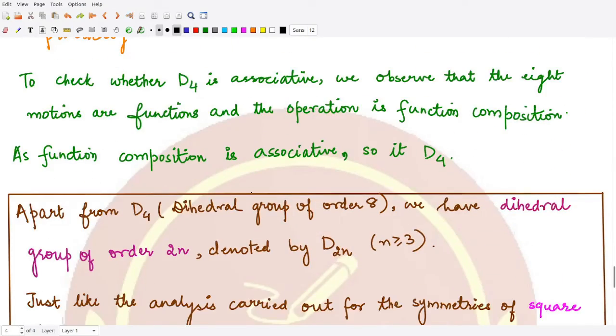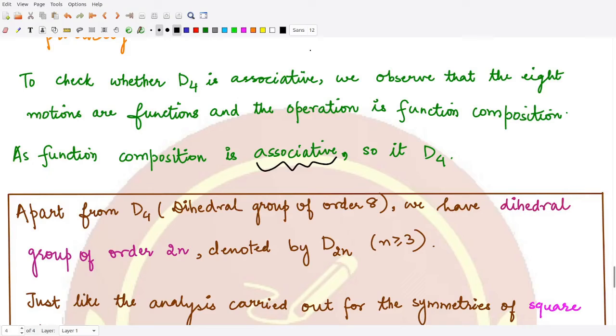So in fact we will take another approach here. What would that approach be? In order to check that D4 is associative, we are talking about the 8 motions of the symmetry of a square, which are functions. And the operation that we are taking is function composition, and in lower classes we know function composition is associative in nature.